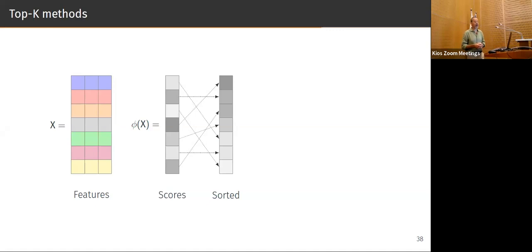So it's like in a bank when you have the transactions and you want to detect the fraudulent transactions. You provide a score per each transaction. You sort the scores and then you focus on the top k. That's it, the very same concept. So you want to focus on something where you believe that there is value.